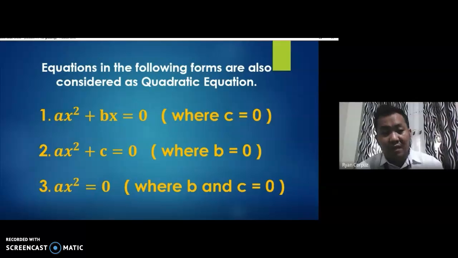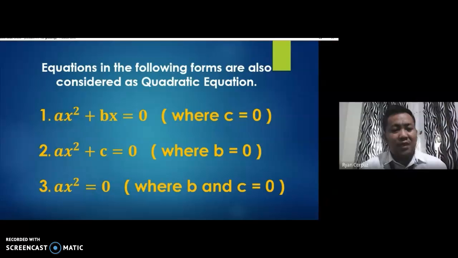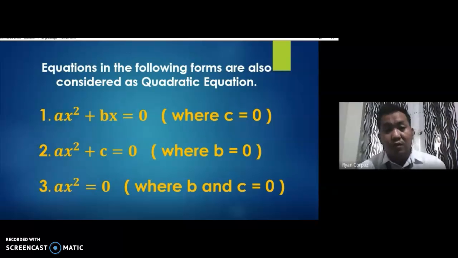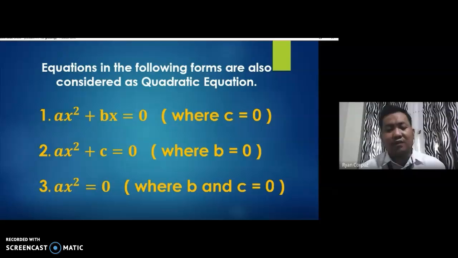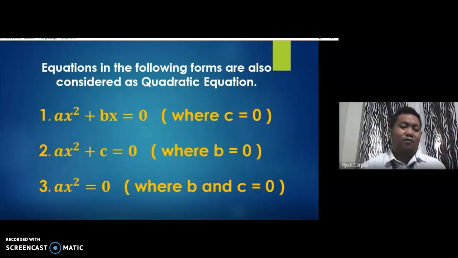So, what's missing there? In that given equation, b and c are equal to 0. That means we do not have the linear and constant terms. Only the quadratic term is present. Even though b and c are not present, as long as the quadratic term is there, we can still consider that as a quadratic equation.